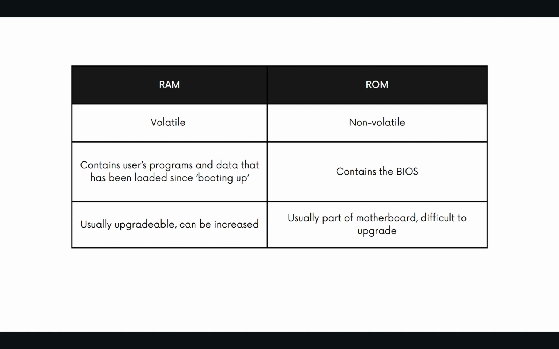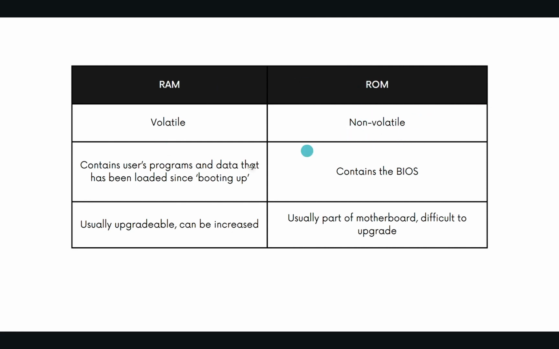So you should know the differences between RAM and ROM, because it 100% will be a question where the paper will ask you to name 3 differences between RAM and ROM. As you can see here, RAM is volatile, so it loses its content if the power is lost.